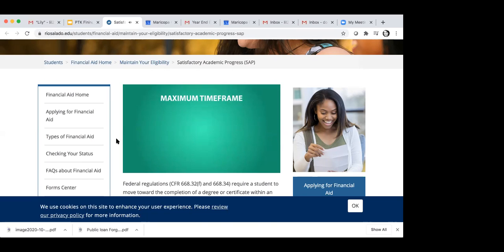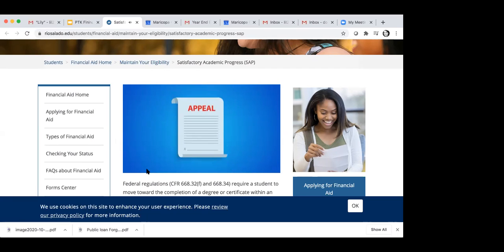What does this mean? Let's say your program of study is pancake making, and that a pancake making degree requires 60 credit hours to complete. You must finish your pancake making degree within 90 credit hours. If you fail to meet these requirements, you will receive a notification that you have not met SAP and will lose your financial aid eligibility.